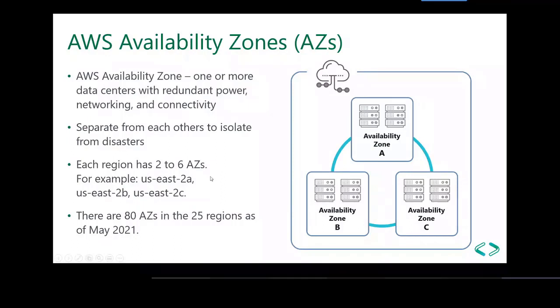Generally speaking, you will get 2 to 6 AZs per region. Again, when I was preparing for this presentation, there were 80 AZs in 25 regions as of May 2021.